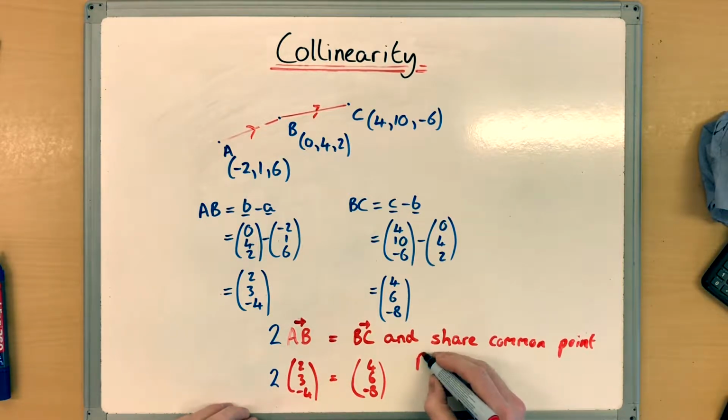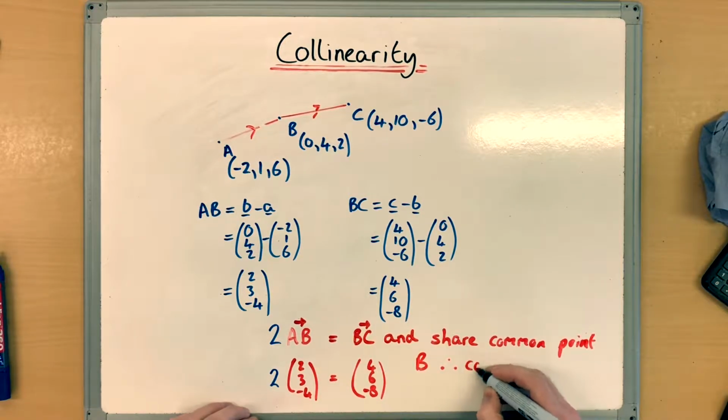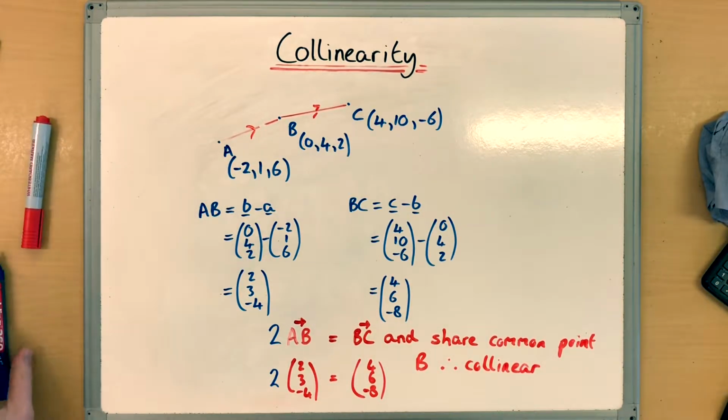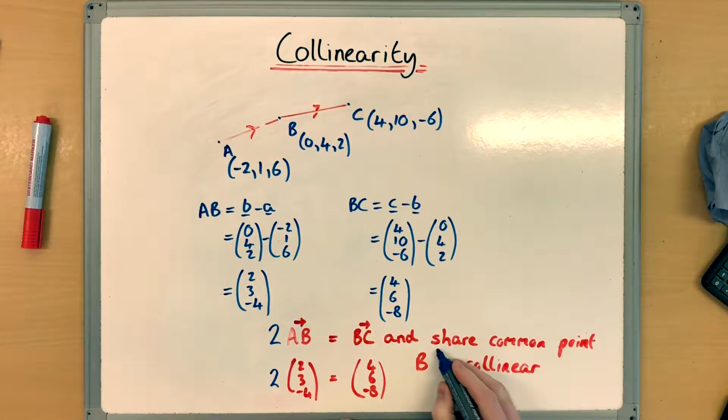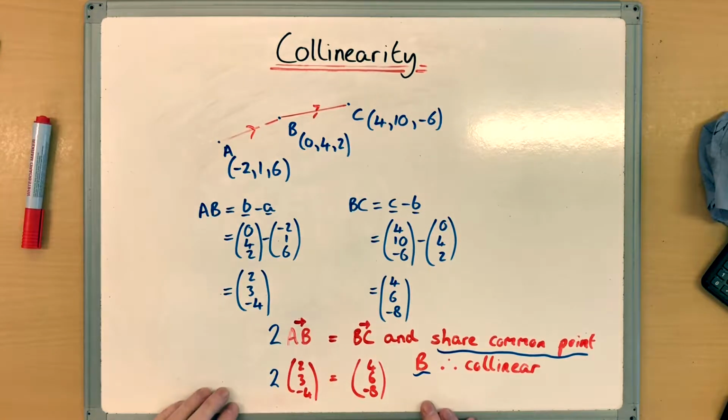My common point is B. Therefore, collinear. 2 things I need to very, very clearly state here. I need to make sure I've shown this, and I need to share a common point. And can you tell me what that common point is? There we go. That's how we show that 3 three-dimensional points are in a straight line or collinear.